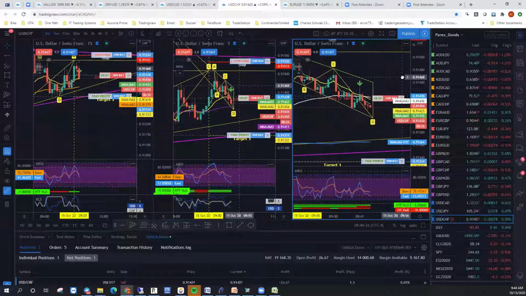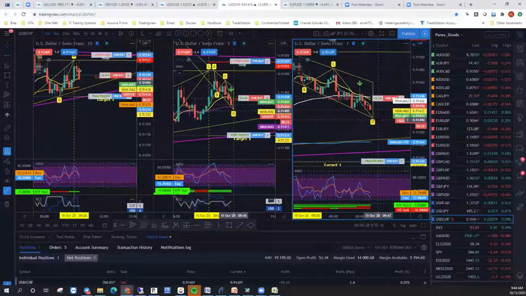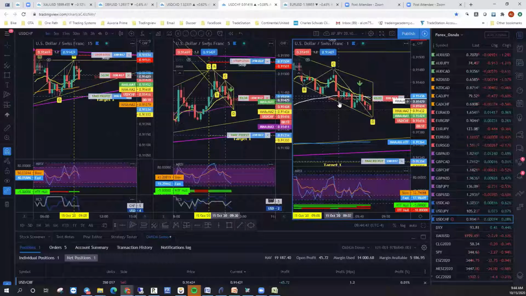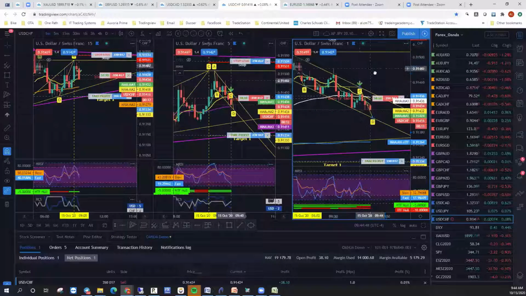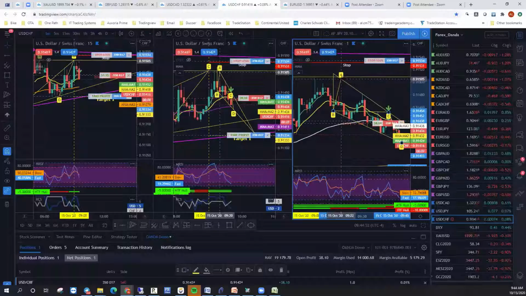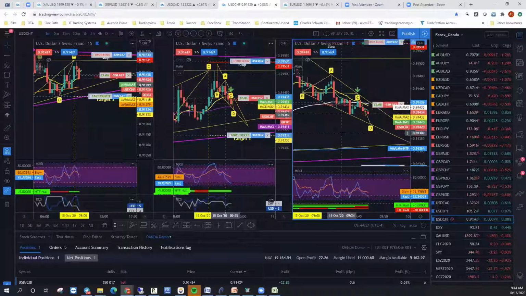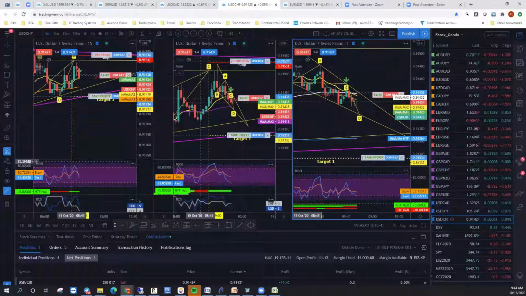We're looking at pretty much this little channel going on right in here. It's got nice little lows that bounced. You can probably take this one down a little bit lower here. This is the downward channel we're looking at until it comes down to the 75 on the 15-minute.